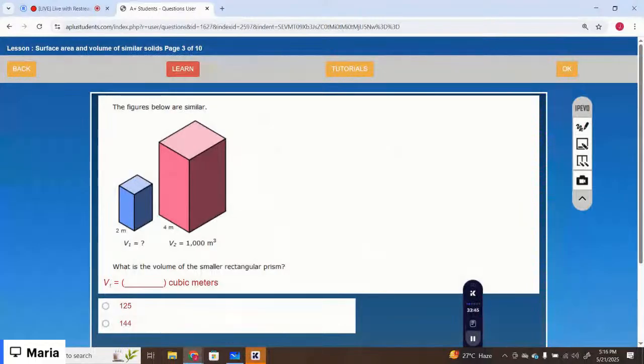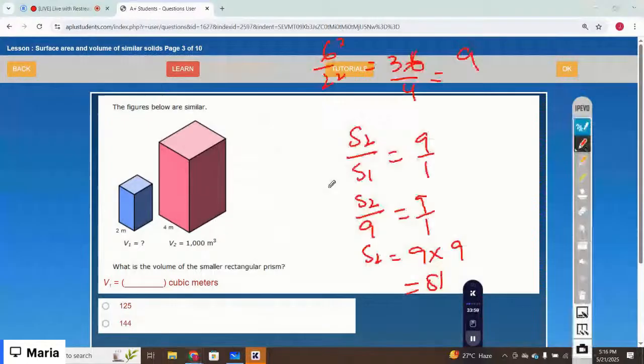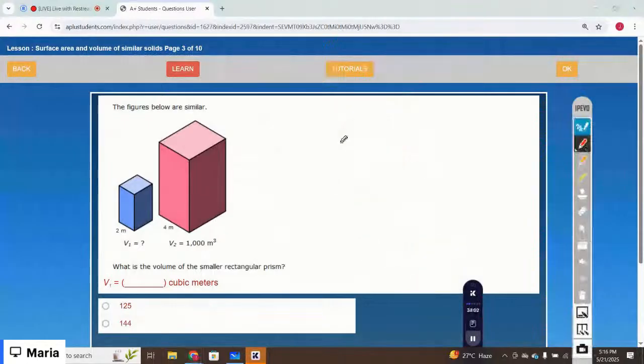The figures below are similar. What is the volume of the smaller rectangular prism? So we need to calculate the volume, right? When we calculate the volume, we need to calculate the cube of the corresponding sides. So 2 times 2 is 4, 4 times 2 is 8, divided by 64.